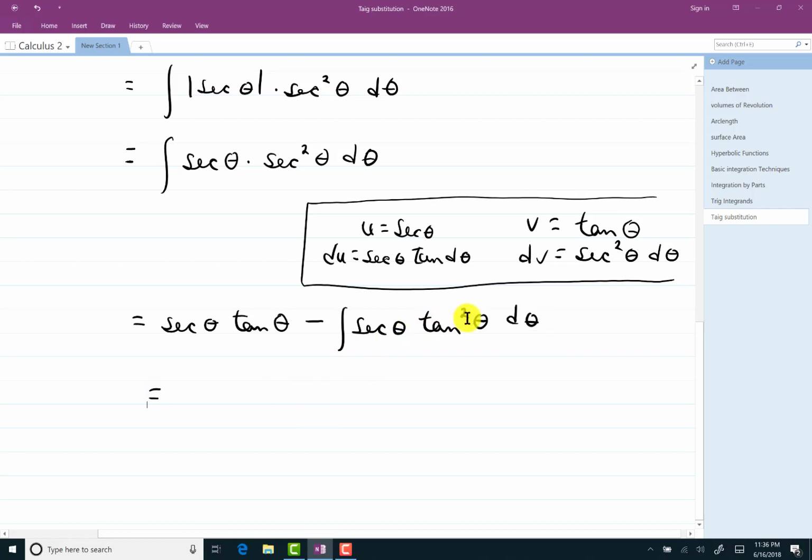And then we'll change this tangent squared to secant squared theta minus 1. I'm going to use the same identity I did before.